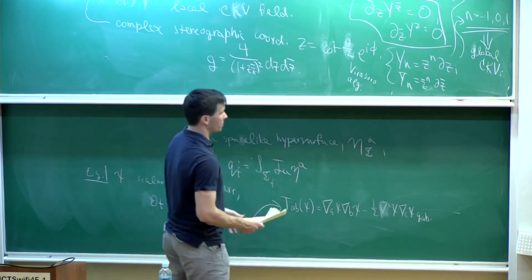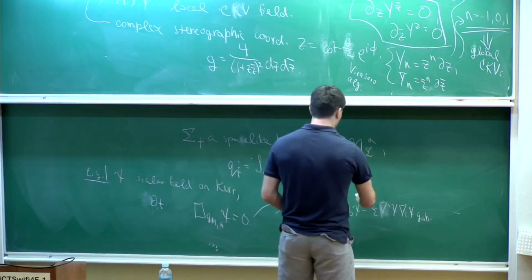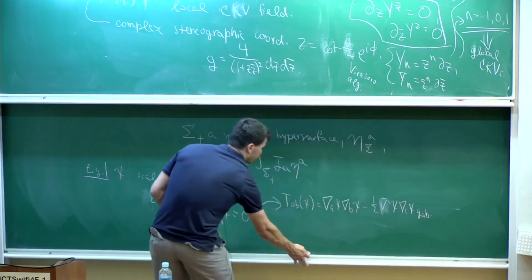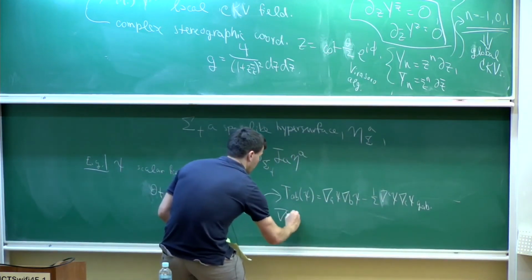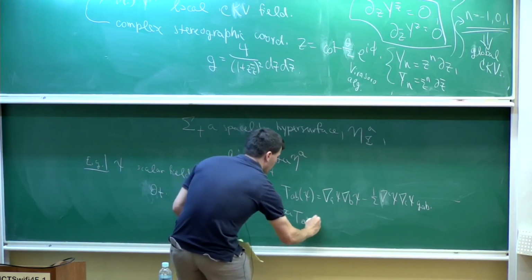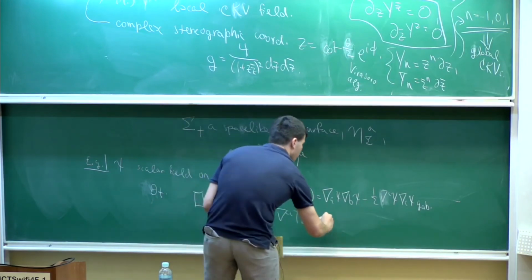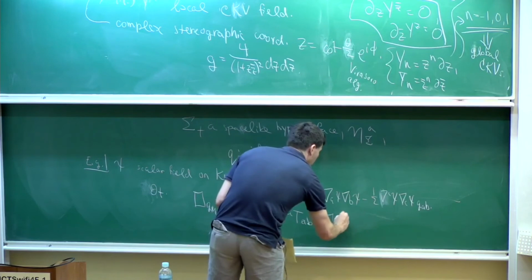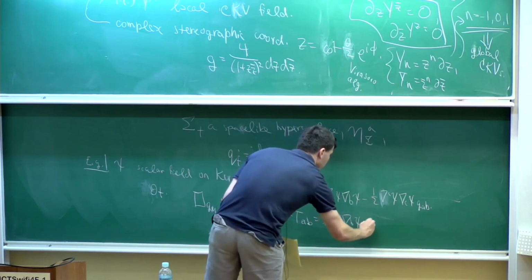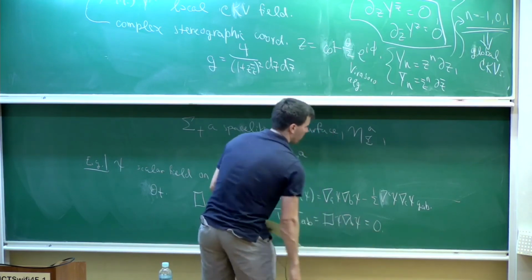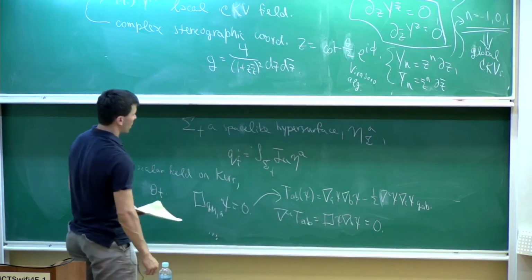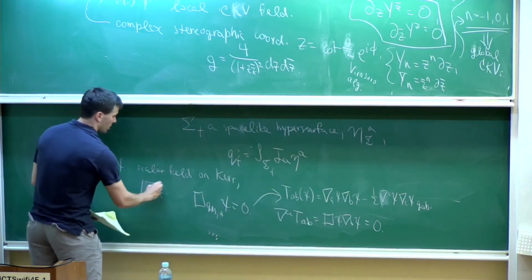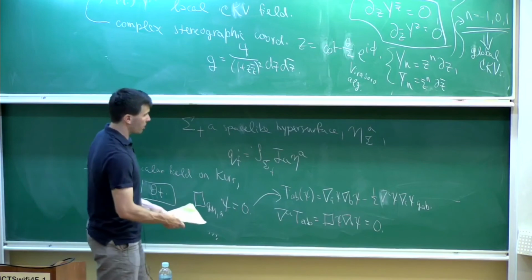Then from what I've just told you, we ought to get some conserved energy, right? We have a divergence-free stress energy. I think it's something like this. And then we apply the wave equation. Of course, we have this ∂_t, which I mentioned satisfies Killing's equation.